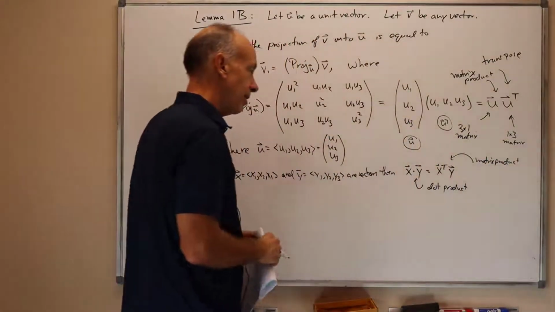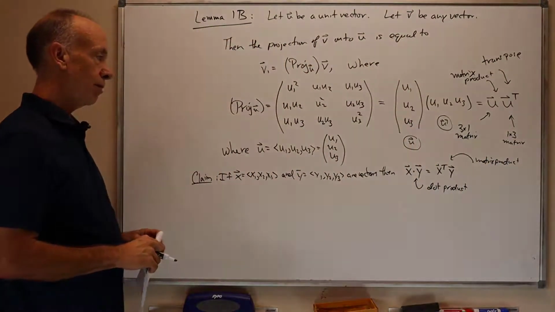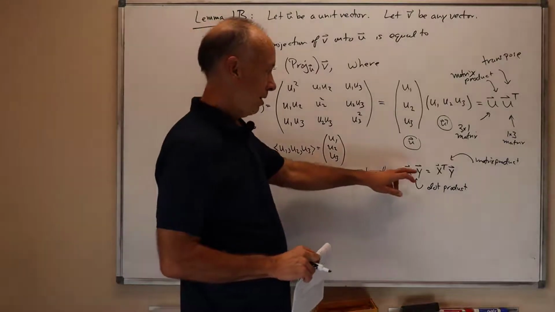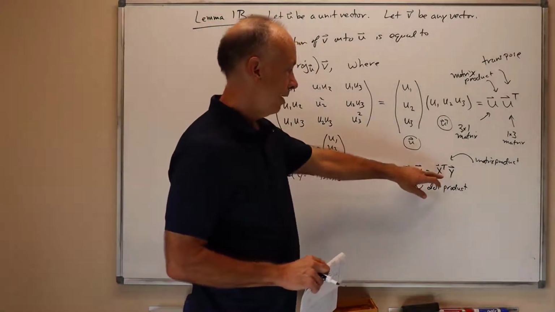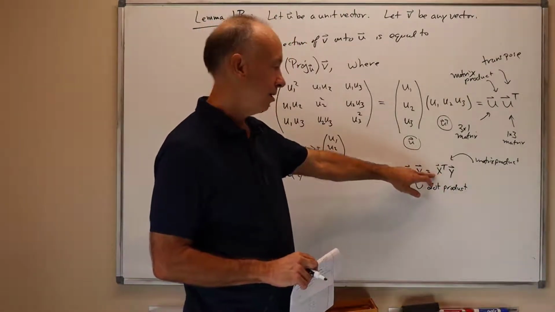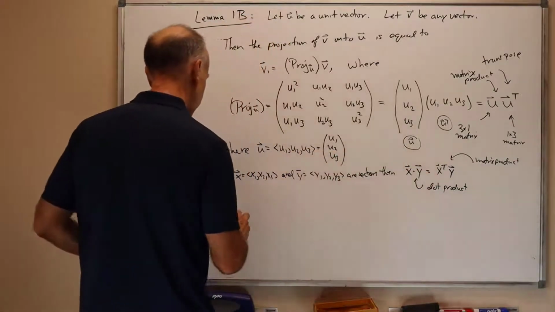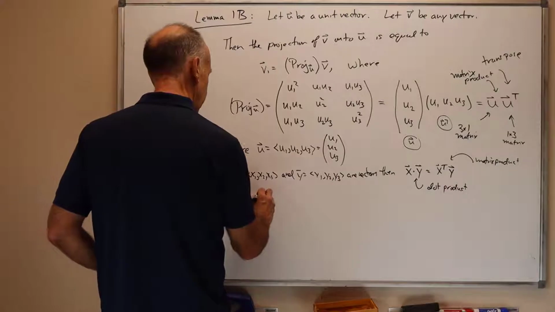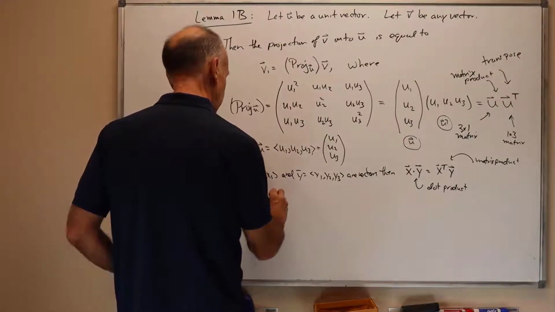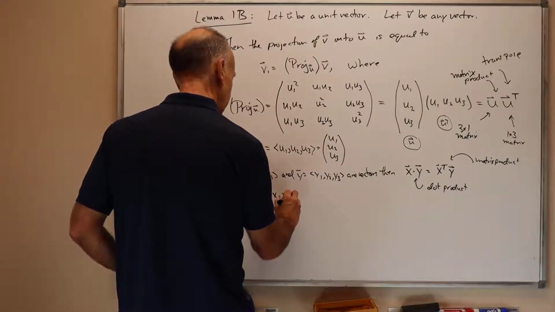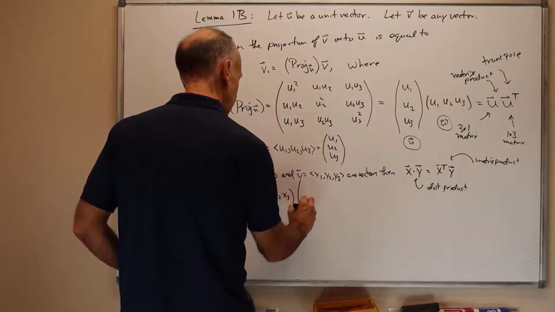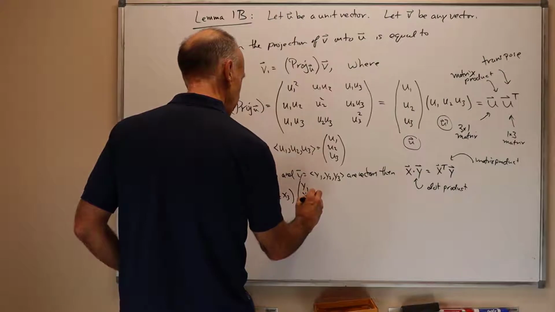We're thinking of x as a 3 by 1 matrix, y as a 3 by 1 matrix, and x transpose as a 1 by 3 matrix, a row vector. The proof of the claim is you just notice that x transpose is x1, x2, x3, and we're taking that matrix product times y1, y2, y3.